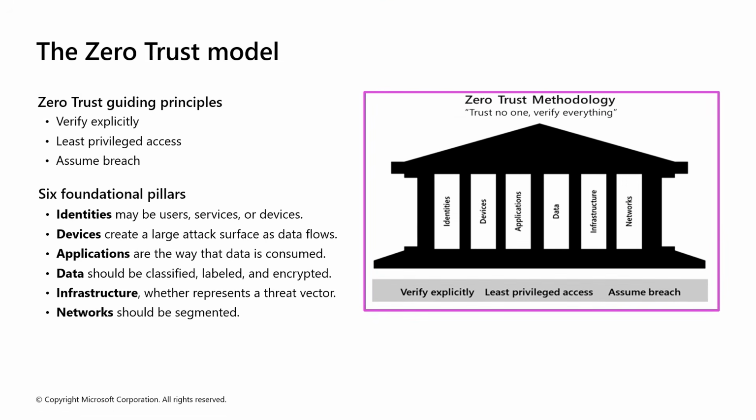Zero trust is applied across six foundational pillars: identities, devices, applications, data, infrastructure, and networks. For example, users may be required to use multi-factor authentication to prove who they are. Devices must meet security requirements before accessing resources, and networks are segmented to prevent attackers from moving freely. Data is classified, labeled, and encrypted, so it stays protected wherever it lives or travels.